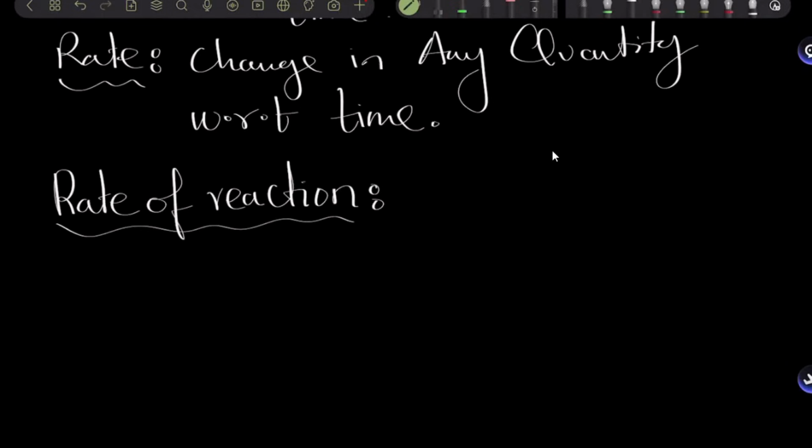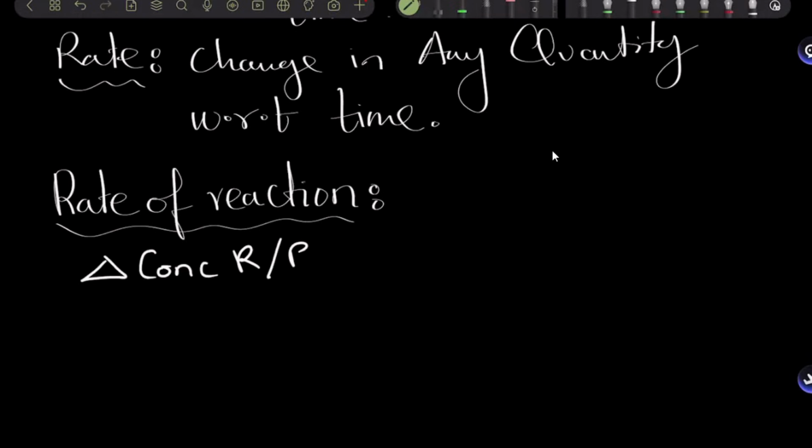It is basically the change in concentration of your reactant or your product. So it can be measured with either of them. Either you see how much reactants are being consumed per unit time, or how much product is being formed per unit time. Both of them will convey the same rate for the reaction, because the reactant that is being consumed is being converted into the product simultaneously.